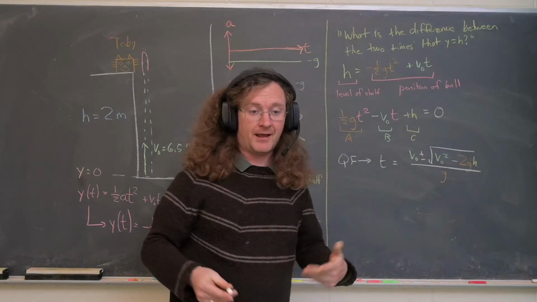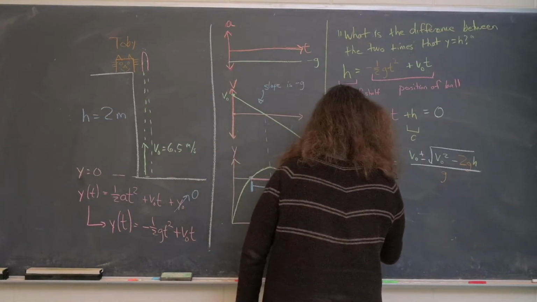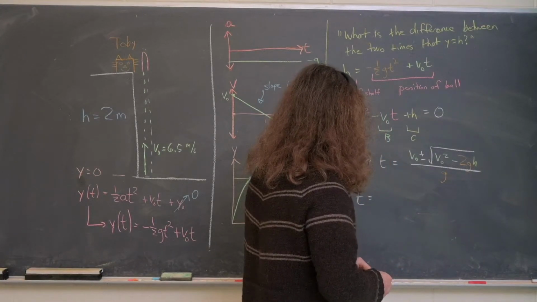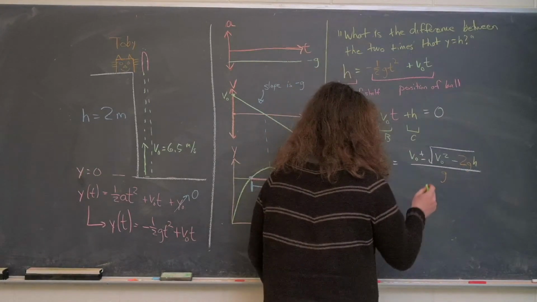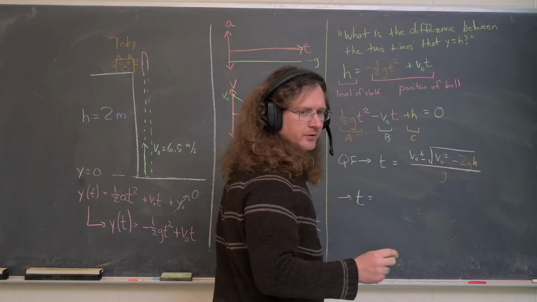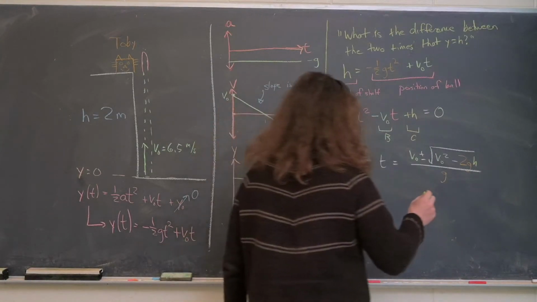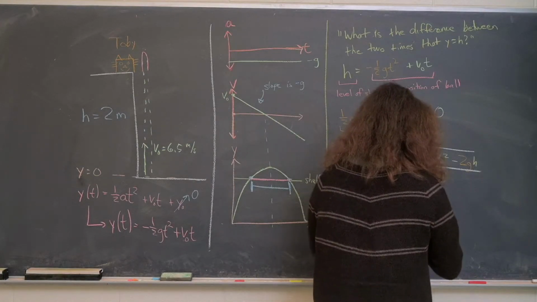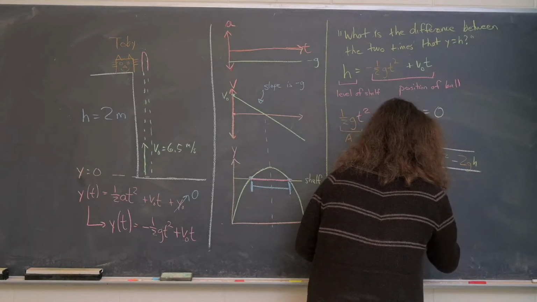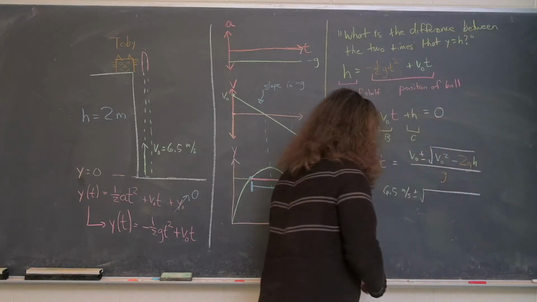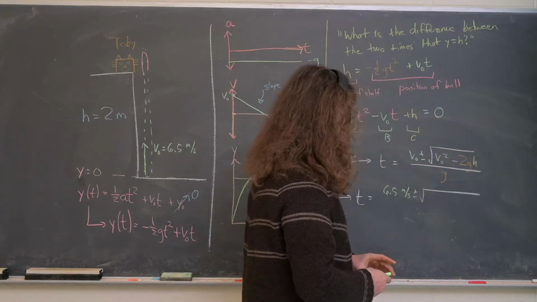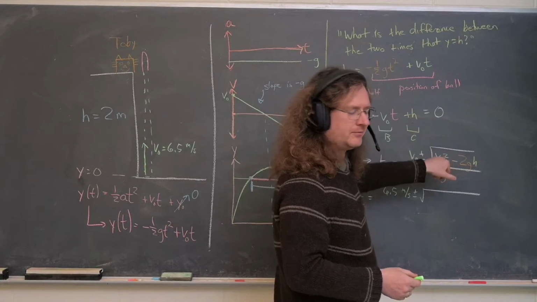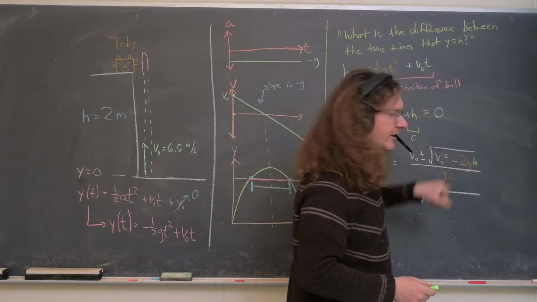I'm going to use g of 10 meters per second squared. So this gives me t equals, so v naught here is 6.5 meters per second, plus or minus the square root of, so I have 6.5 meters per second squared.